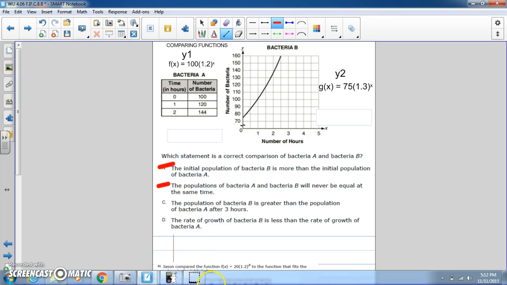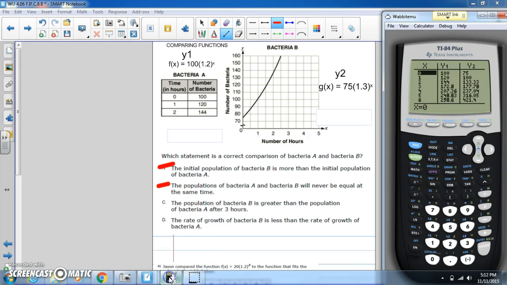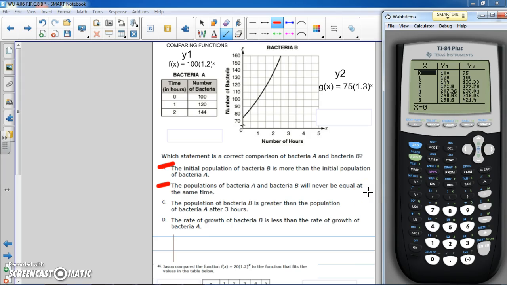So B is not a correct answer choice. Okay. C says the population of bacteria B is greater than the population of bacteria A after 3 hours. Okay, let's look here. So at 3 hours, bacteria B is 177, bacteria A is 172. So that is correct. Bacteria B is greater than the population of bacteria A after 3 hours.